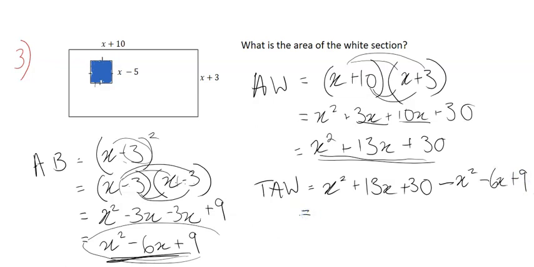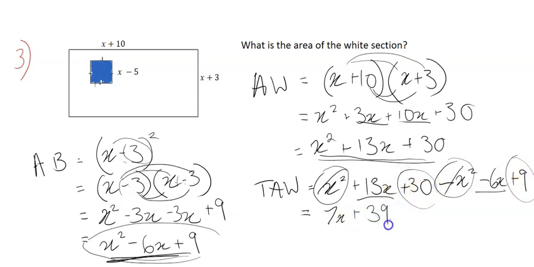Okay, so now, like terms, we've got positive x squared, negative x squared, they cancel each other out. We've got positive 13x, negative 10x, so that means we need to do that subtraction, and we've got plus 30 minus 25, so that's 5. So our area of the white subtracting the blue is 3x plus 5.